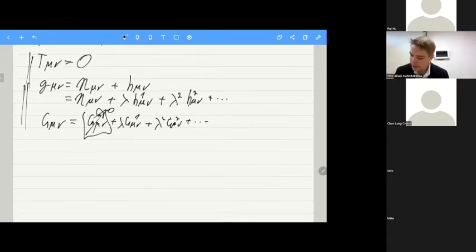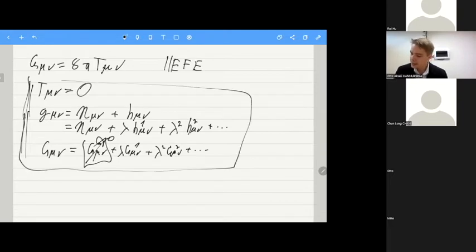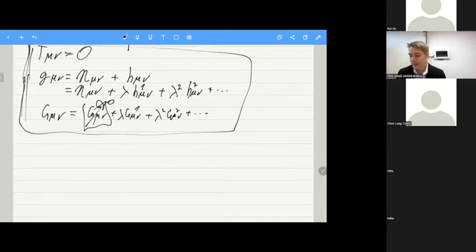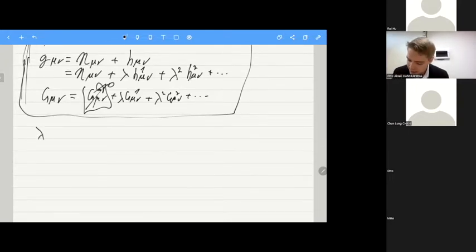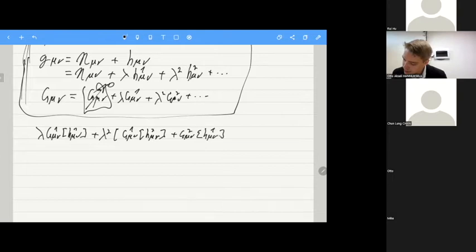And what happens when we put all of this again into the Einstein field equation, which is what we always do, what we end up getting is that lambda G mu nu 1 H mu nu 1 plus lambda squared (G mu nu 1 H mu nu 2 plus G mu nu 2 H mu nu 1) is 0.